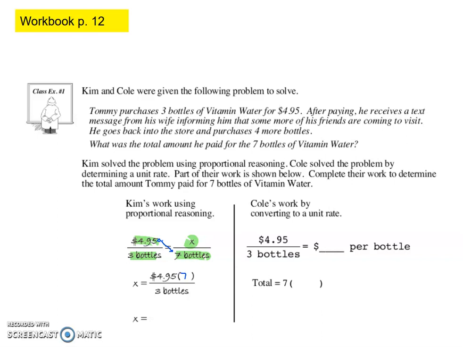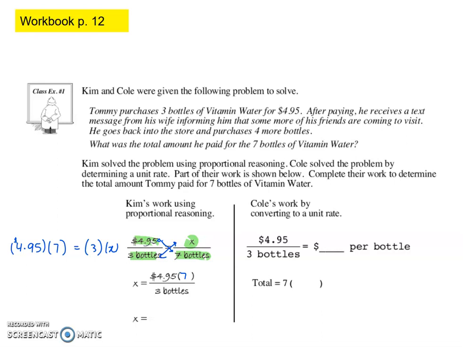And then on the other side, you can even have an in-between step here. So you can go $4.95 times 7 bottles equals, on the other side, 3 bottles times x. So that's just cross multiplication. So what we end up getting is 4.95 times 7 equals 3 times x.